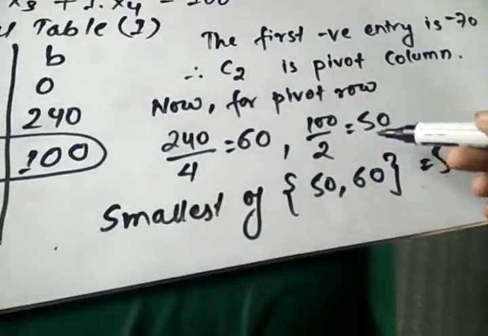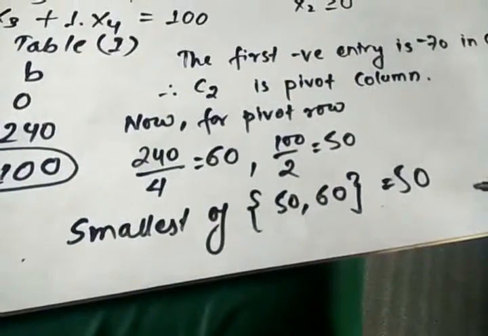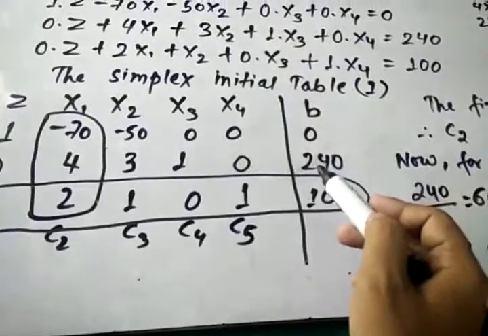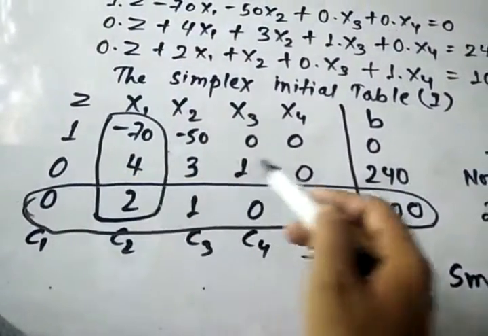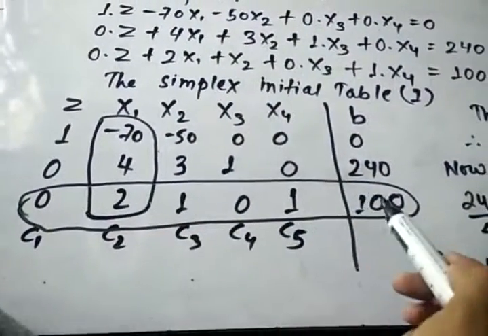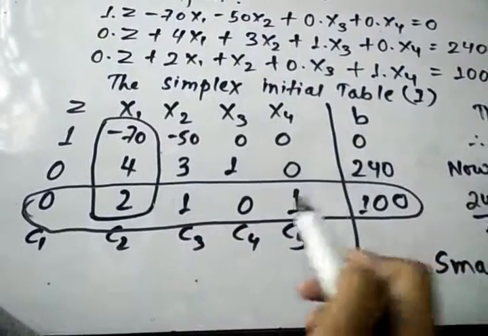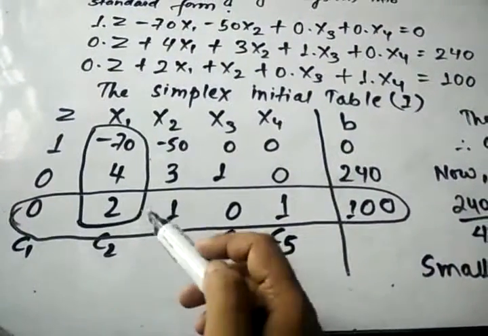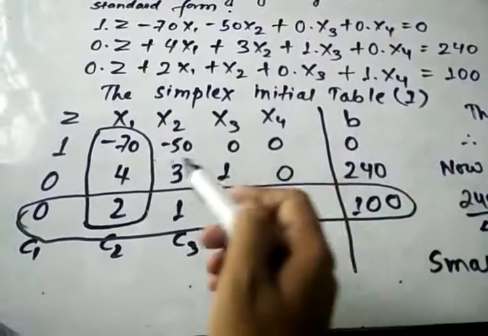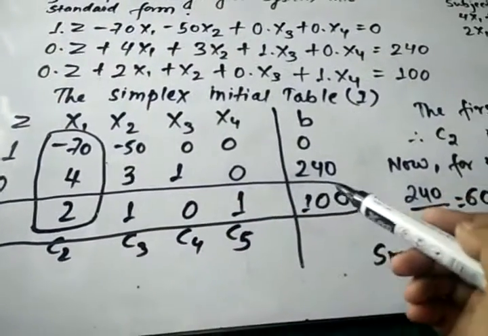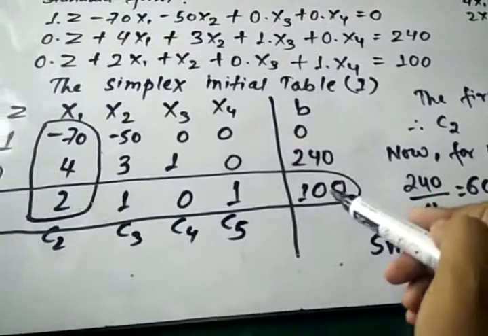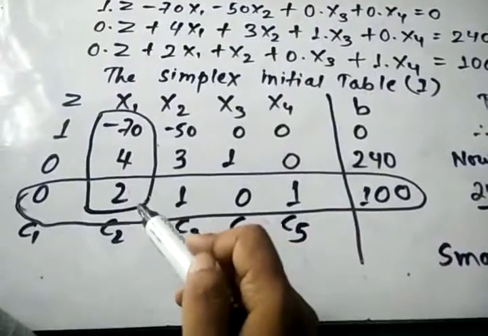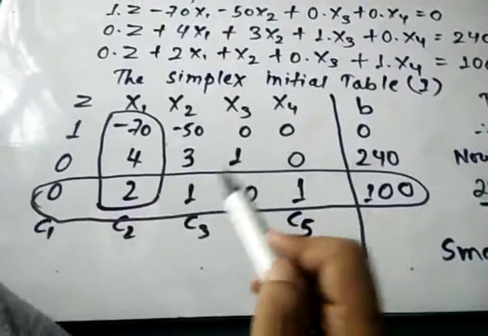Because 100 divided by 2 is 50, which is smallest. If the other was smallest, then we would take that row, but here 100 by 2 is smallest, so we take this row.